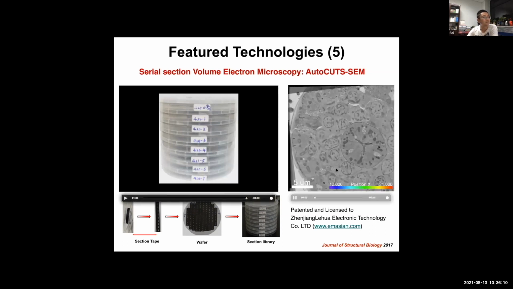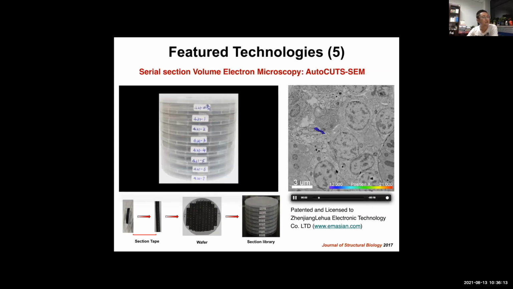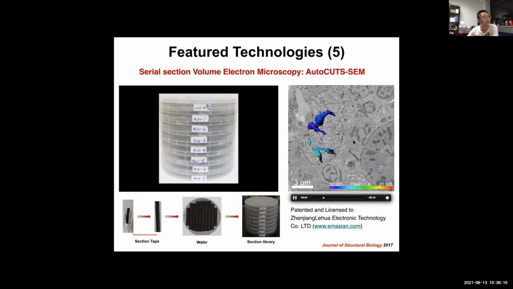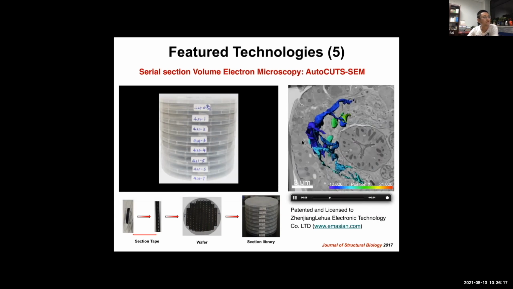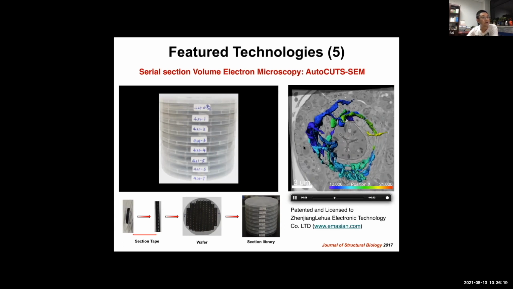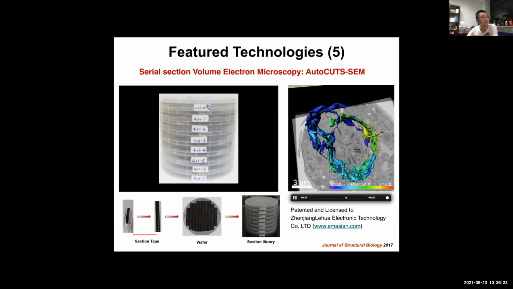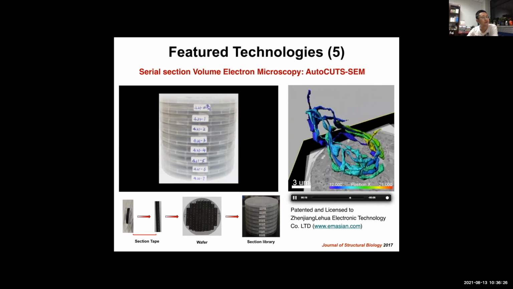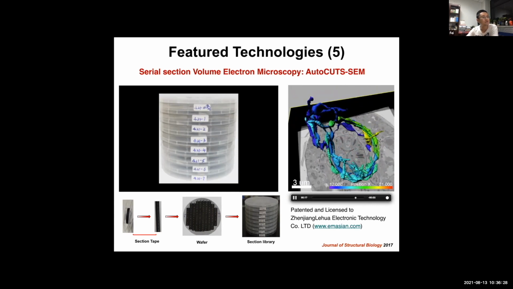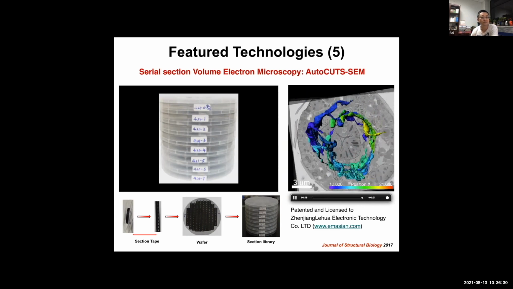So this is just one example of how we can collect serial SEM images of C. elegans, and then we can make a segmentation of these neuron cells to see how they are connected.